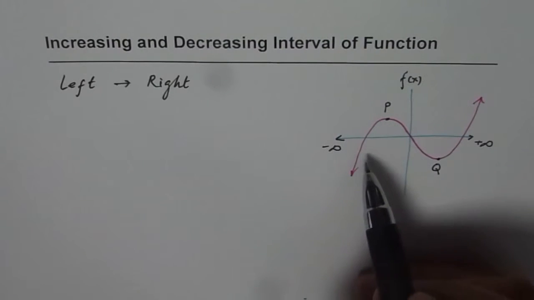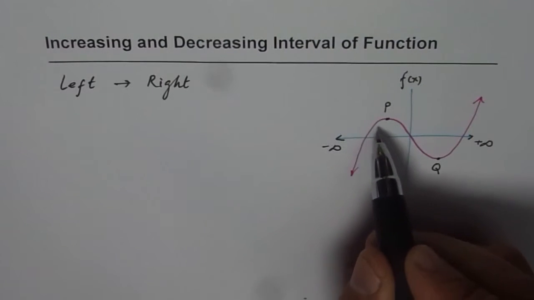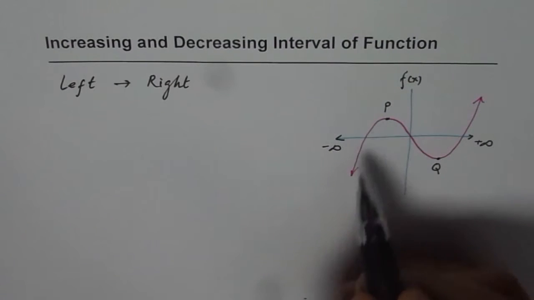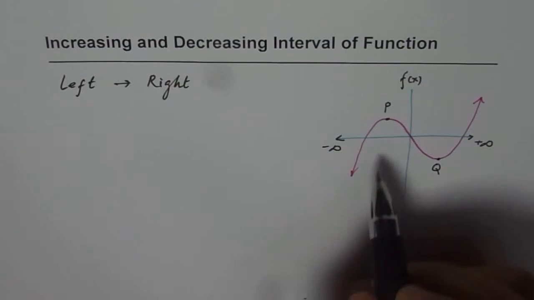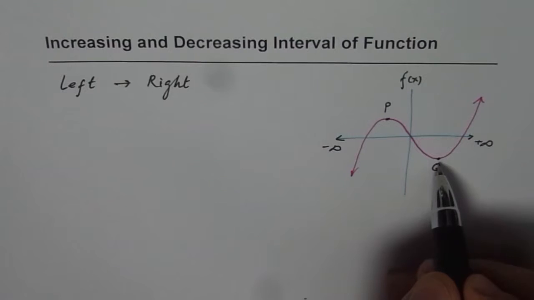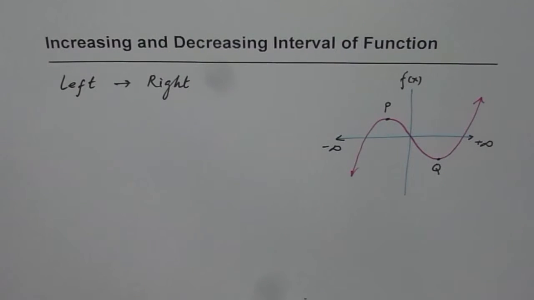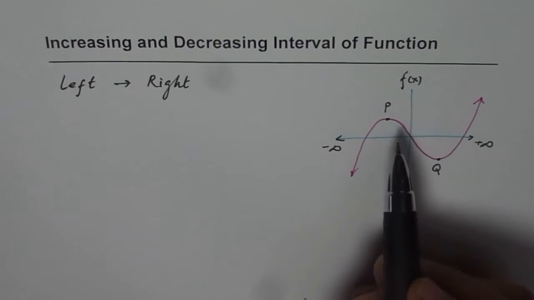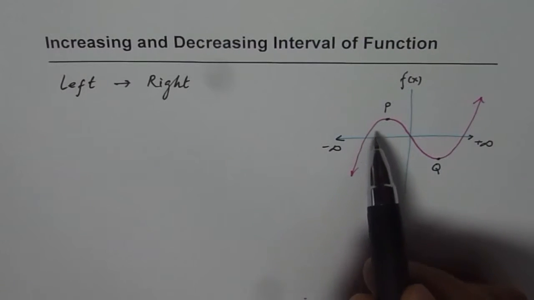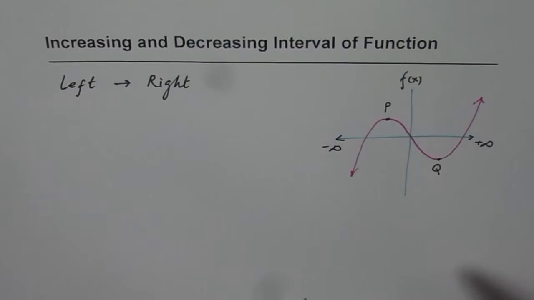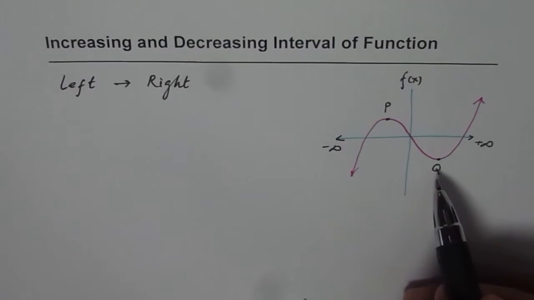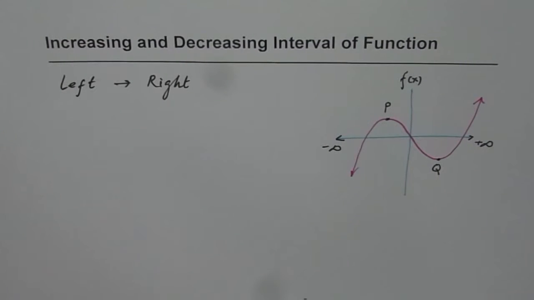As you observe here, if you move from left to right till P, the function is increasing, and from P to Q, the function is decreasing, and thereafter it is again increasing. You'll also observe that the point at which a function turns could be a maximum or a minimum, a local maximum or a local minimum.